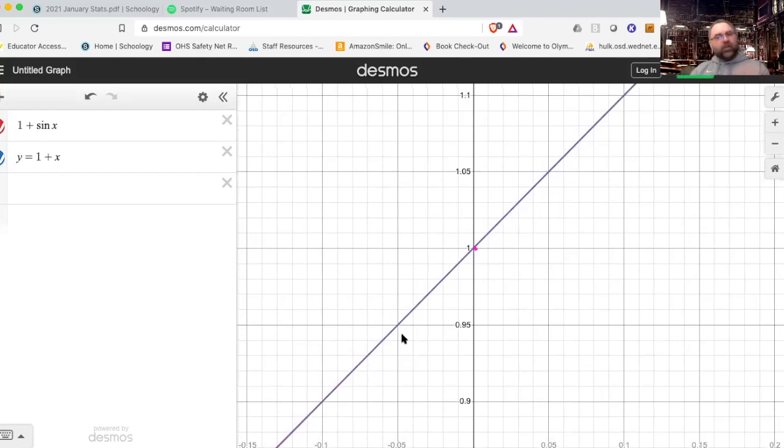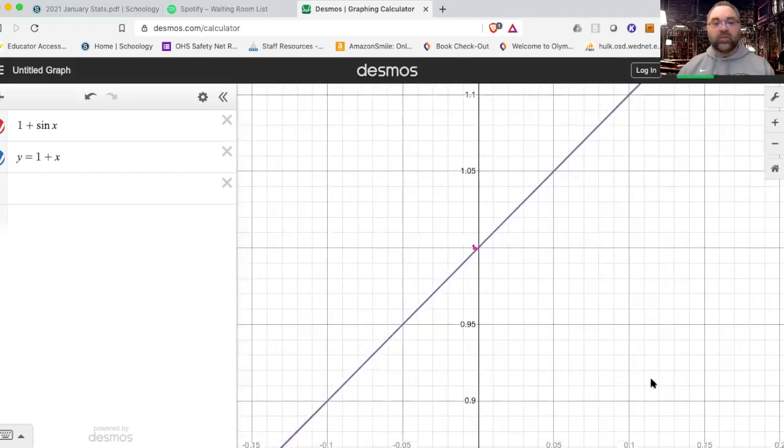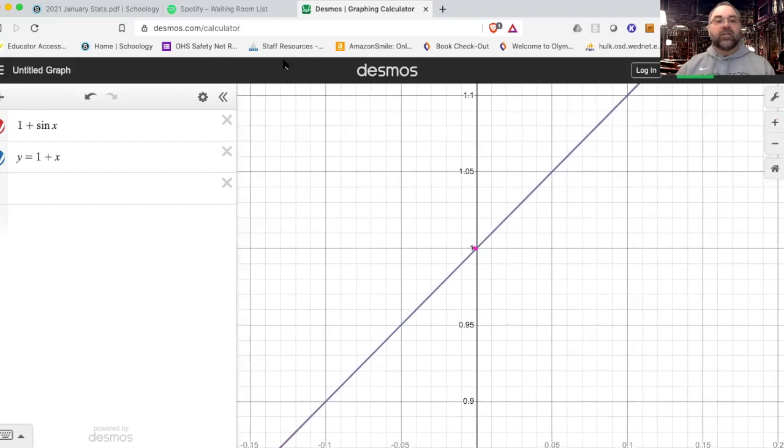Now we're pretty close in, right? If you look down here, you can see I'm within 0.1 of the point of tangency, but that's the whole point.